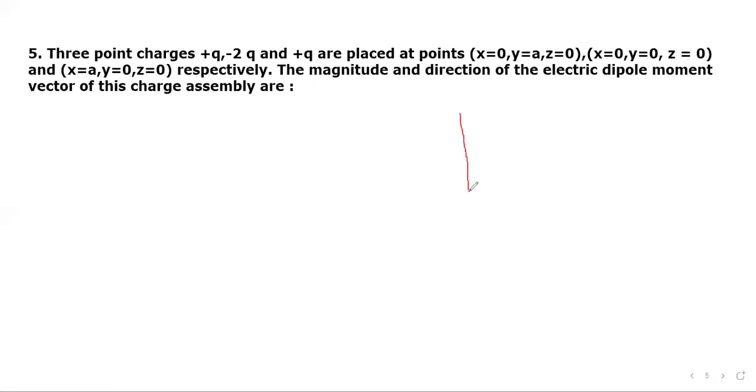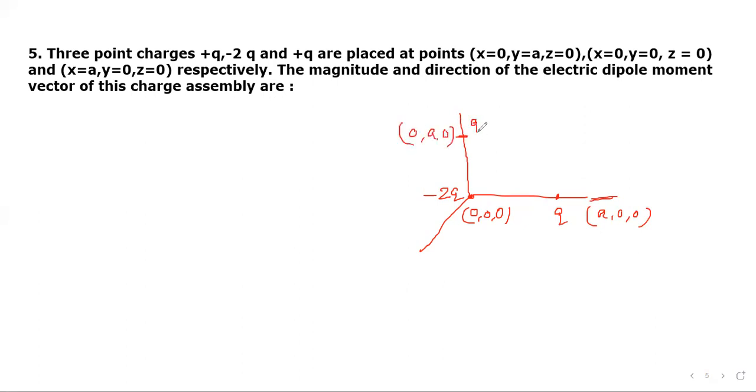So here we draw three axes. The minus 2q charge is at 0, 0, 0, and a plus q charge is at a, 0, 0, and another charge is here at 0, a, 0.